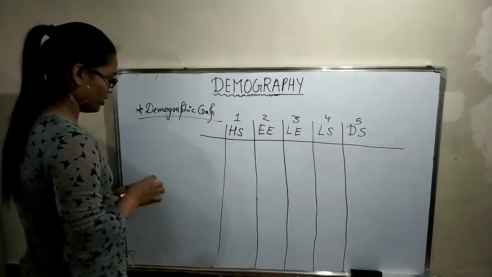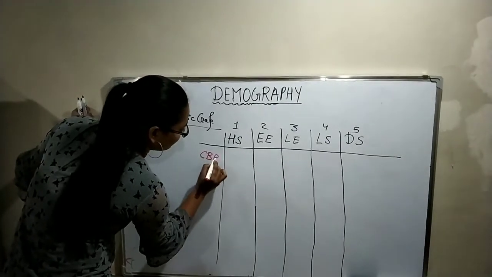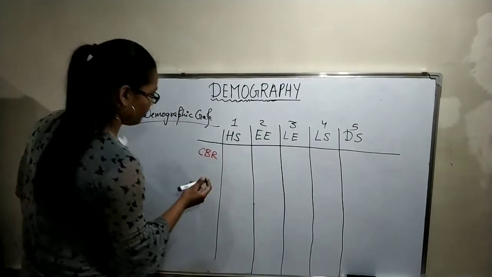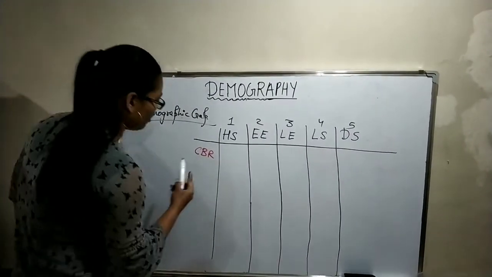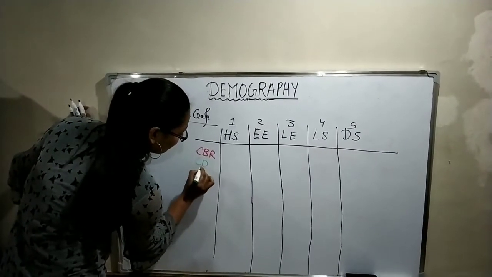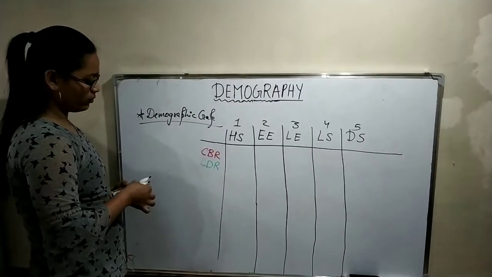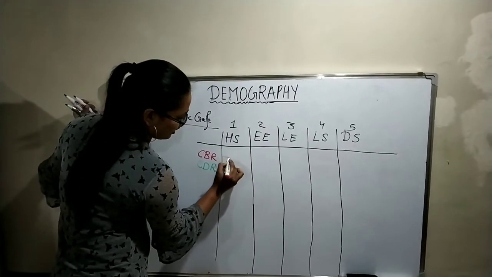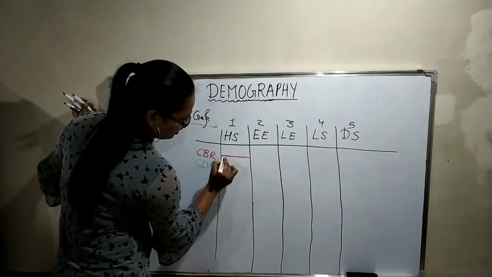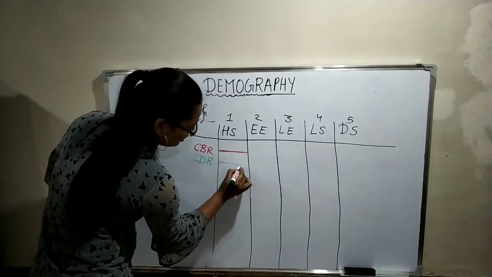One minute, I'll use another pen so that it will be easy to understand. Crude birth rate, crude death rate. So, crude birth rate in high stationary stage is high, and death rate is also high, as I told.